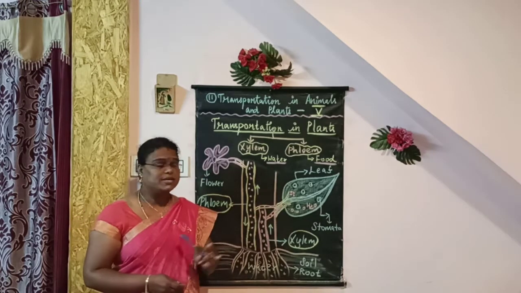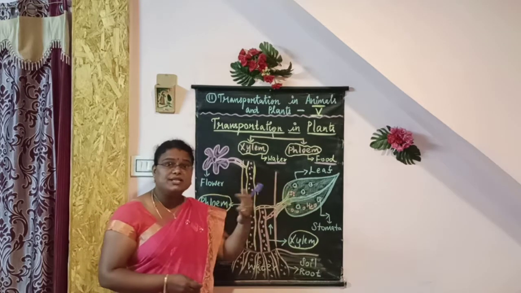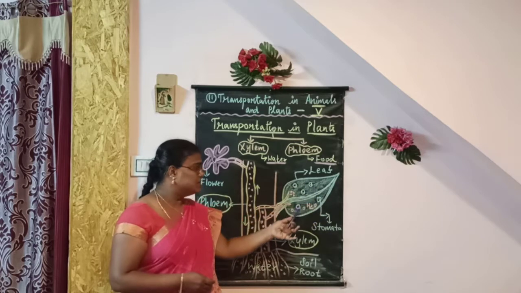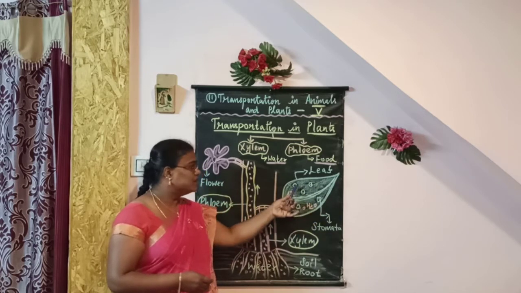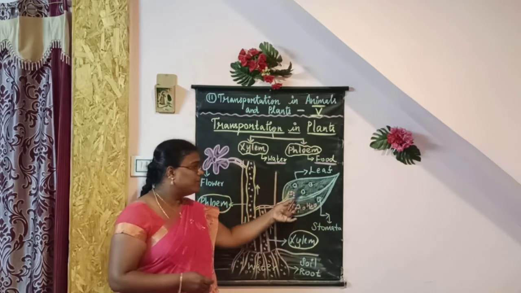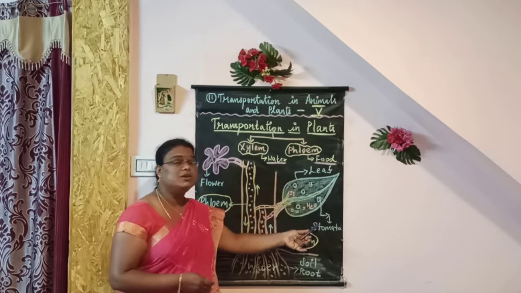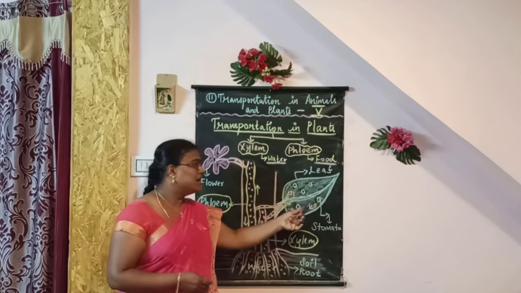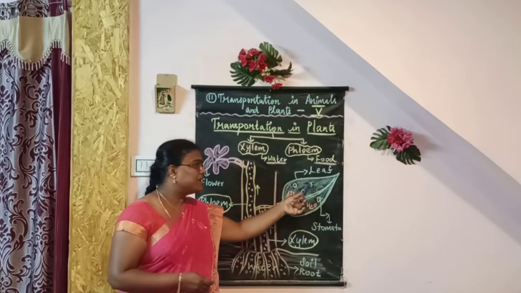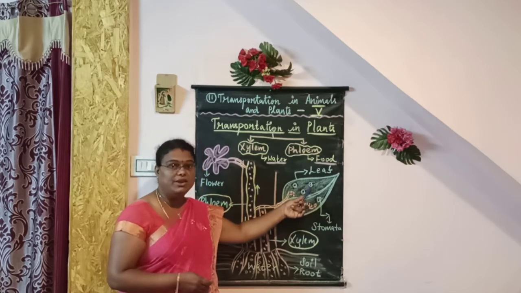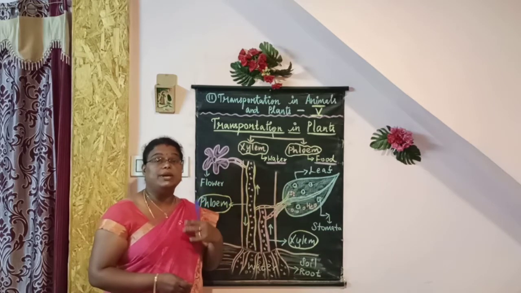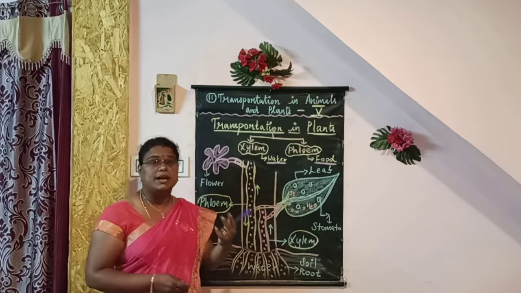And carbon dioxide, it takes from the atmosphere through a small opening called stomata. See here, you can see small openings on the surface of the leaf. This is called stomata. So, what is stomata? Stomata are small tiny pores present on the surface of the leaf, which help in gaseous exchange, and also play an important role in transpiration.